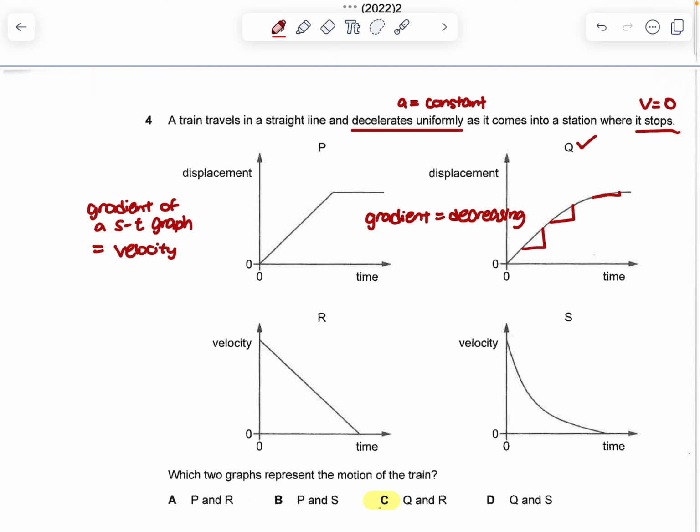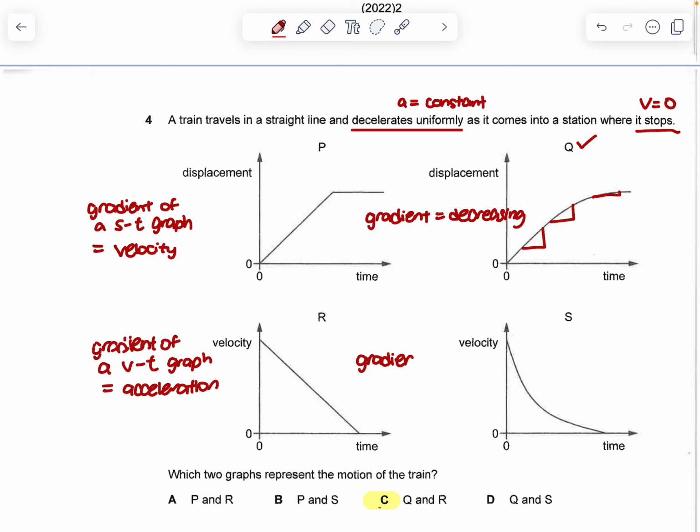So Q. We also know that the gradient of a velocity-time graph equals the acceleration. So here we're looking for a gradient. Since acceleration is constant, we are looking for a gradient that is constant. And the answer is R. So Q and R.